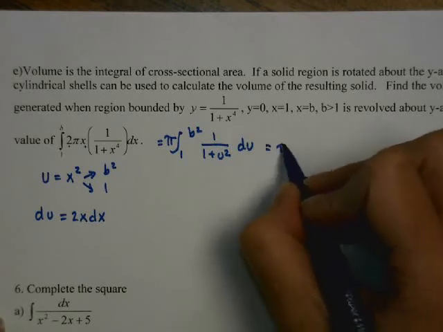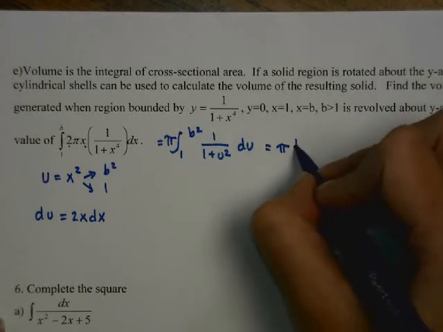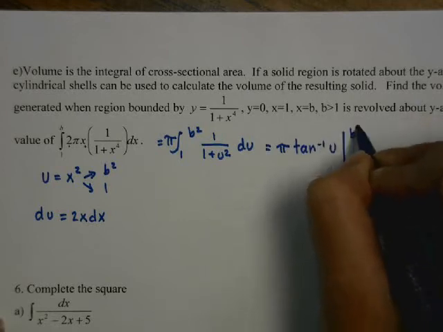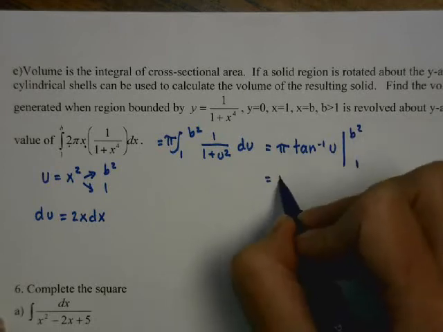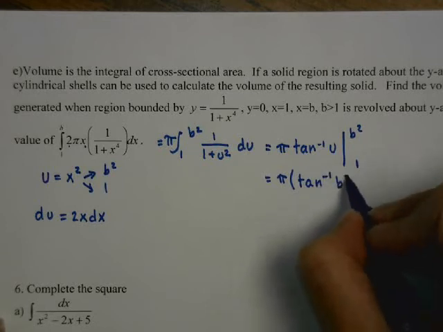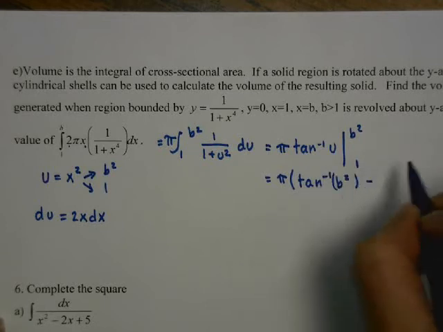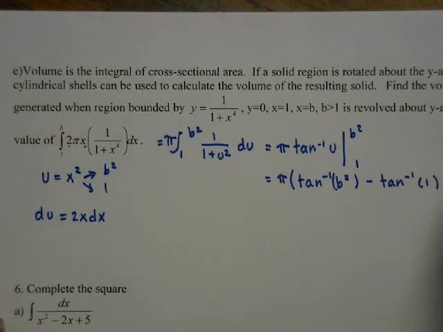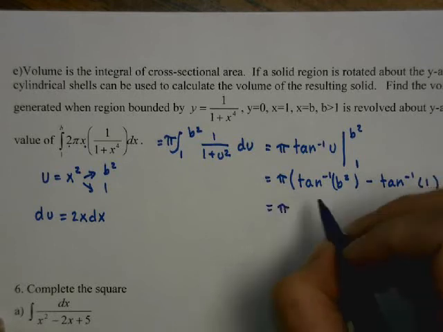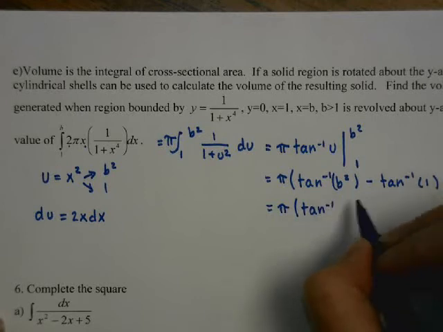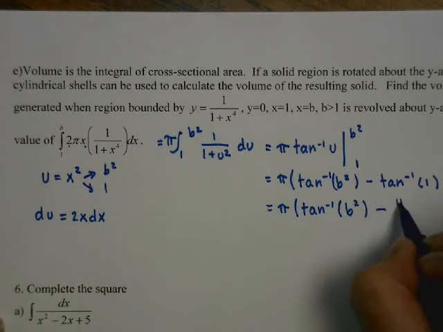So this is going to be pi times the tangent inverse of u, evaluated from b squared to 1. So tangent inverse of b squared minus tangent inverse of 1. This we can't do anything with at this point. Tangent inverse of 1 is pi over 4, though.